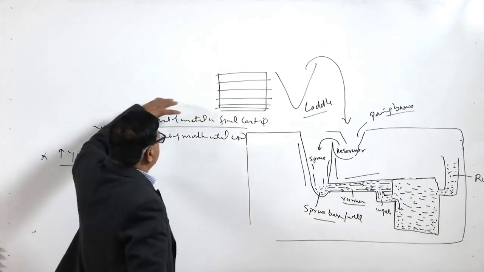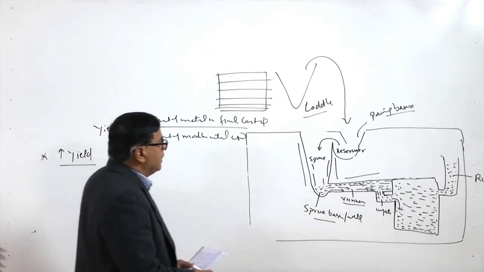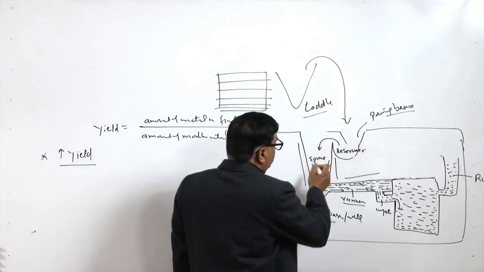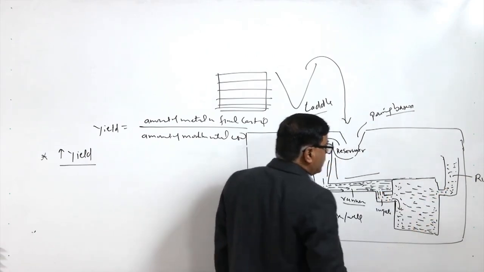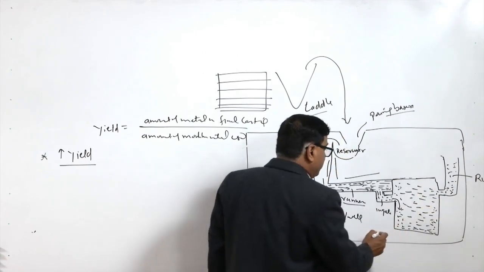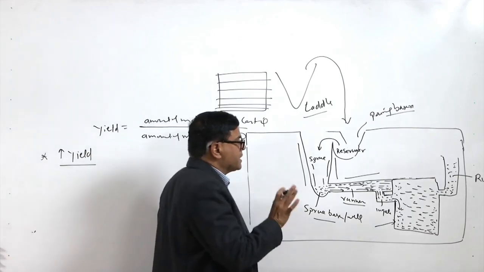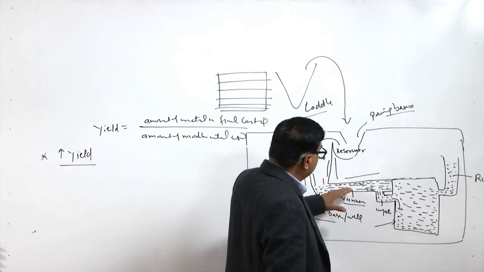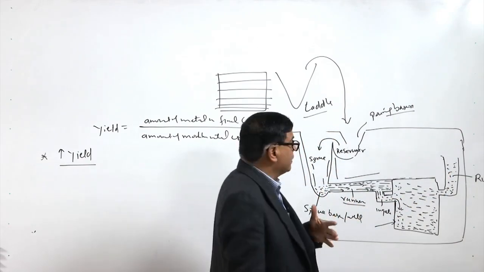We know that there is a lot of wastage of the molten metal, because whatever molten metal is fed from the reservoir to the sprue, then runner, and then mold cavity and riser. The molten metal which is there in the mold cavity will produce the sound casting which is desired, while the molten metal which is left in the runner and in the riser is not used for any other purpose.